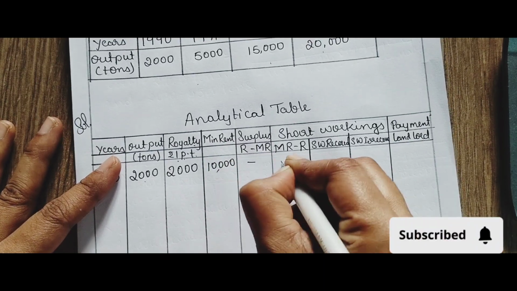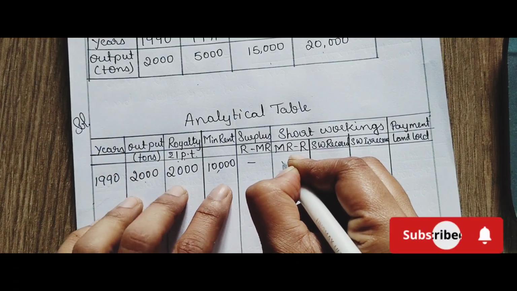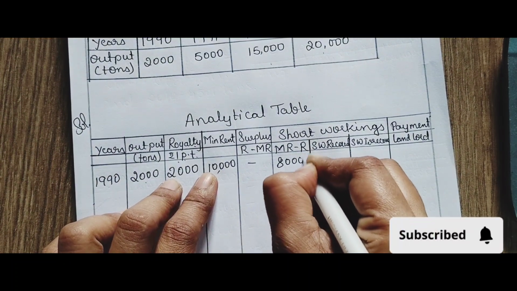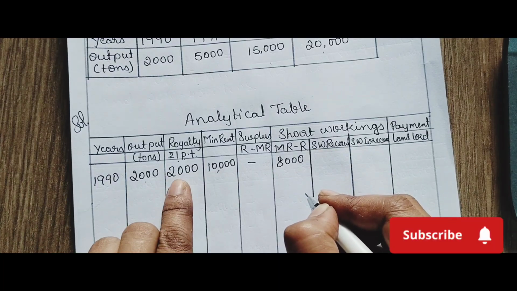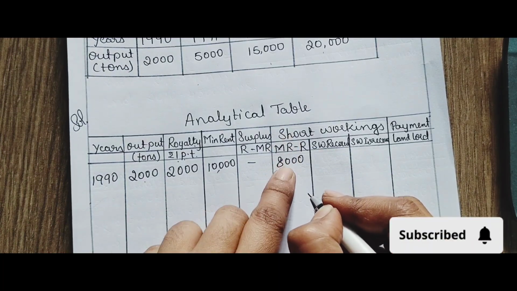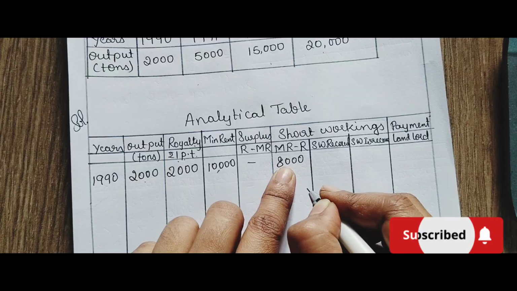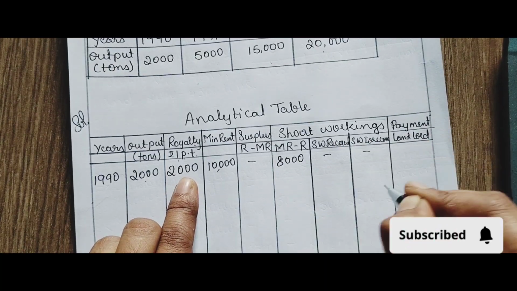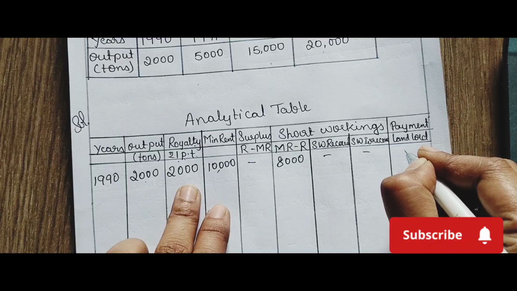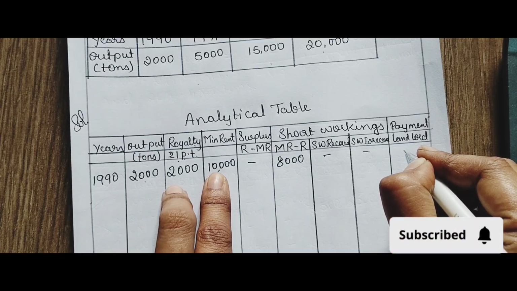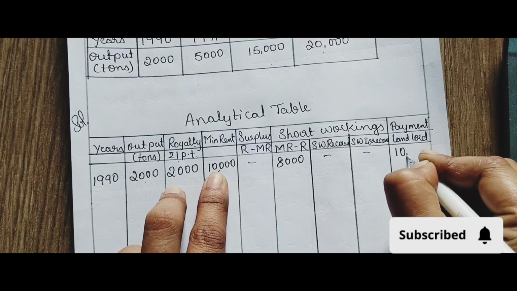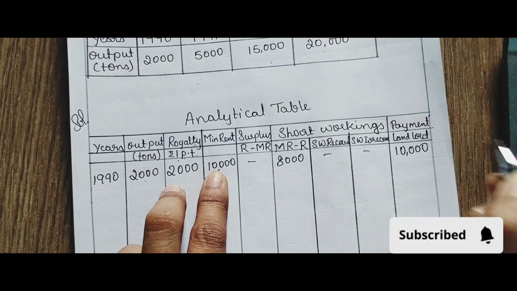There is no surplus, but you have short working. 10,000 minus 2,000, 8,000. Minimum rent minus royalty is your short working. Okay, short working is 8,000. Here there is no recovery. Which one should you pay to the landlord? The minimum rent, 10,000.